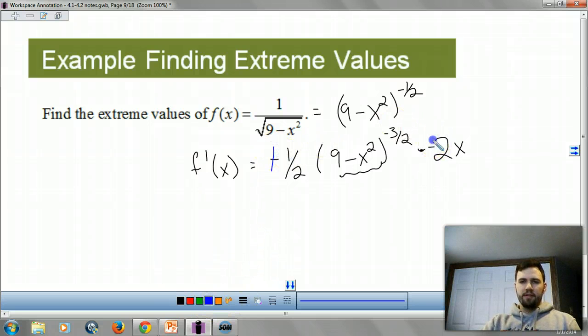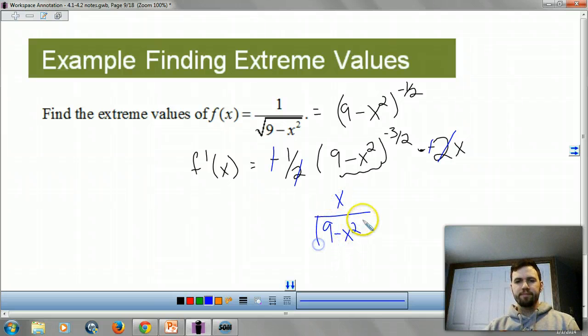Negatives cancel, 2's cancel, so I actually get x over 9 minus x squared to the 3 halves. Because again, that negative just brings it down below. Okay? Just like negative people bring mu down, negative powers bring the function down.